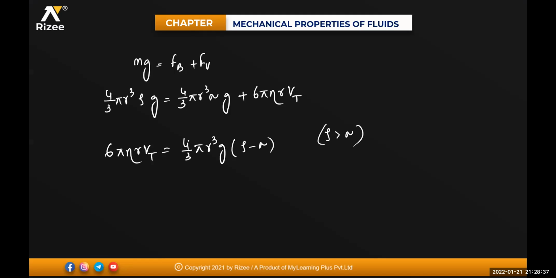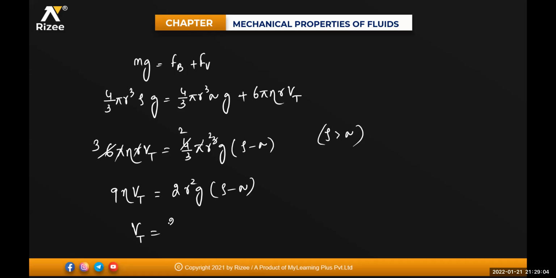Now 2 3s are 3 and 3, this becomes 9. The pi and pi get cancelled, the r and r get cancelled, and r will be squared. So here it becomes 9 eta into the terminal velocity, that is equal to 2 into r square into g into rho minus sigma. Clear?